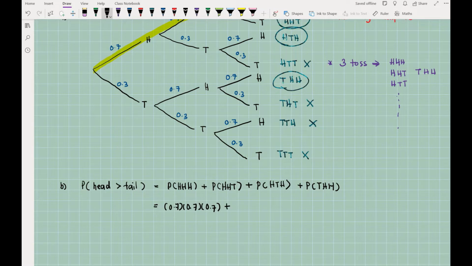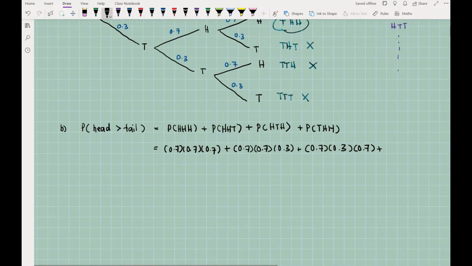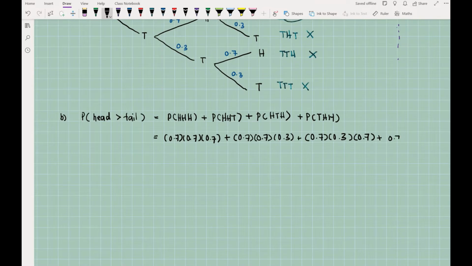And then di sini ditambahkan dengan probability getting head adalah 0.7, 0.7, 0.3 plus 0.7, 0.3, 0.7 plus, and untuk yang terakhir sekali I'm going to get 0.3 dahulu times 0.7 times 0.7. So you can calculate the value here. The value that you are going to get after you calculate will be 0.784.